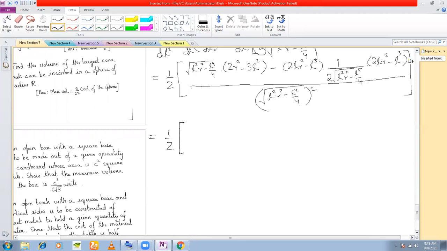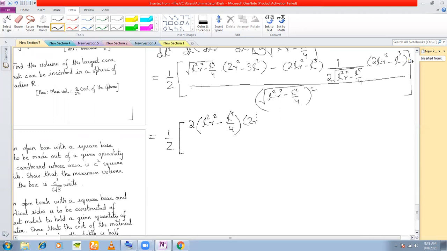Let's simplify this a little. If you take the LCM here, what are you going to get? In the numerator, if you take the LCM twice, see root of L square R square minus L to the power of 4 by 4, if you multiply the two radicals, you're simply going to get L square R square minus L to the power of 4 by 4, right?